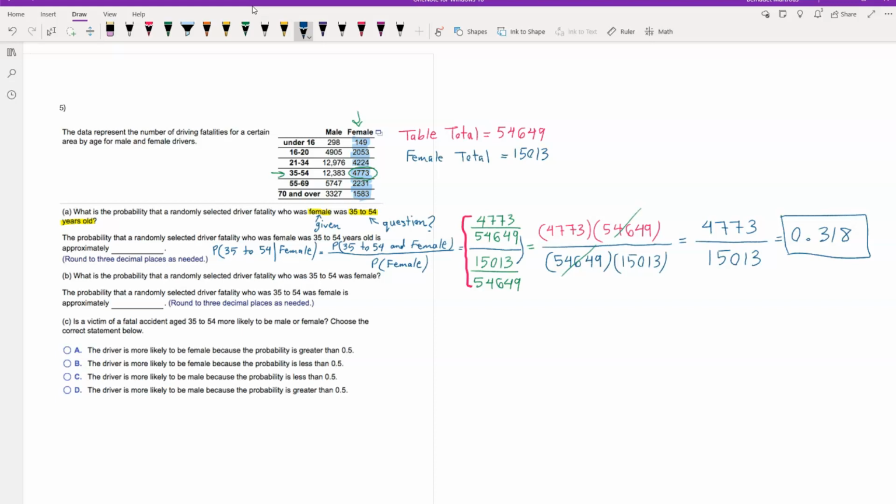But in that case, mathematically, if you want to write that, here we have to use n, number of elements, instead of p for probability. So the answer here is 0.318.